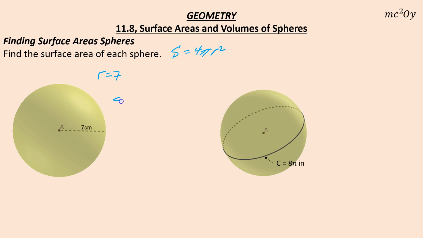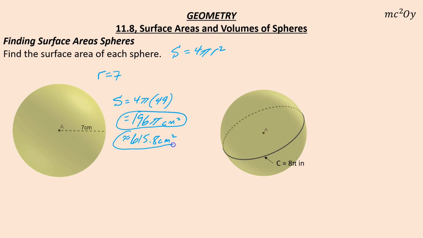Applying our formula, S equals 4 times 49. 7 squared is 49, and 4 times 49 is 196. 196 pi. Then let's round that to the nearest tenth: 615.8 square centimeters.